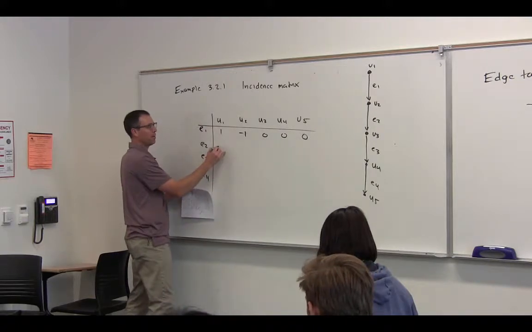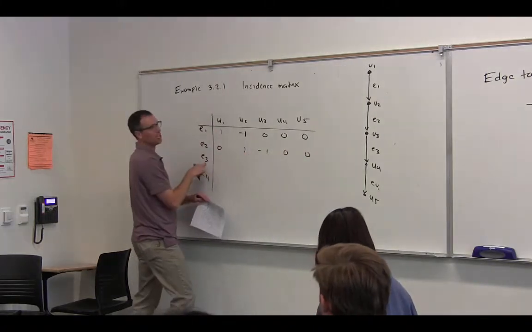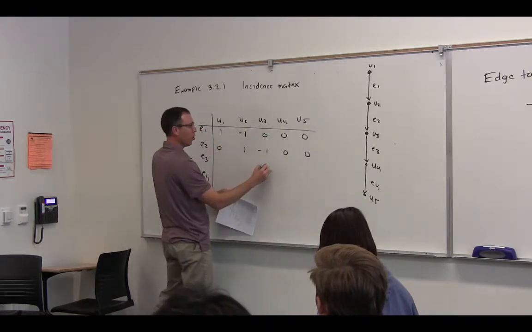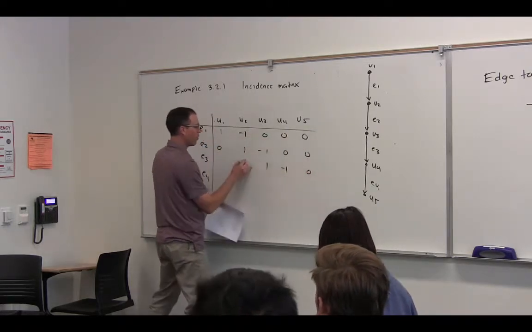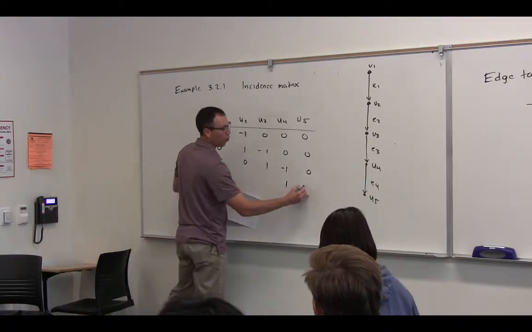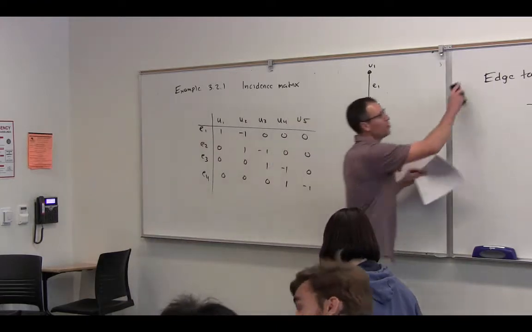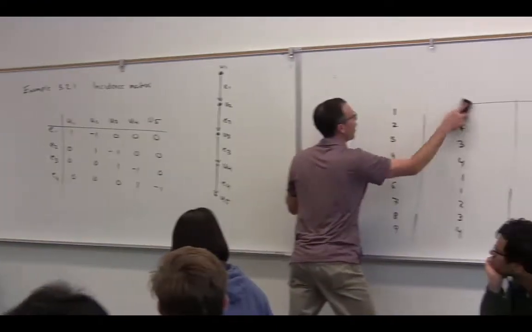So now what? 0, 1, -1. Yeah, and then what I might do is just edge 3 connects U3 and U4. Out of U3 into node 4, the rest of them get 0. Edge 4. Out of U4 into U5, all the rest of them get 0. What's the corresponding incidence matrix associated with this particular digraph?